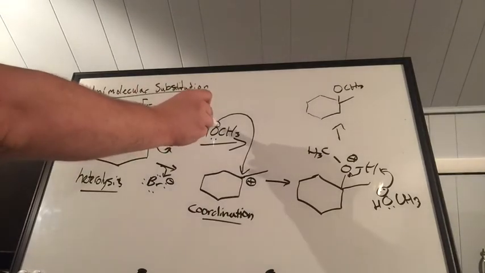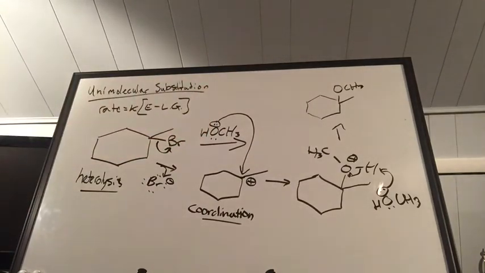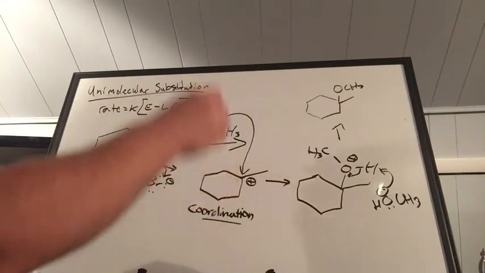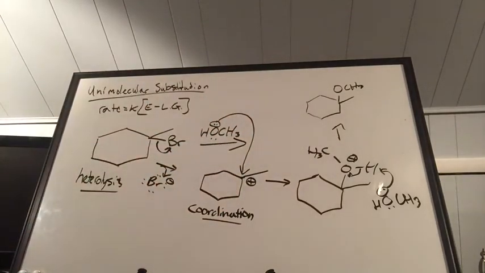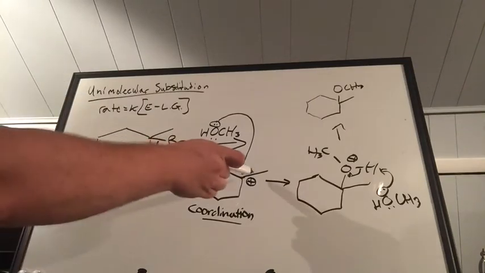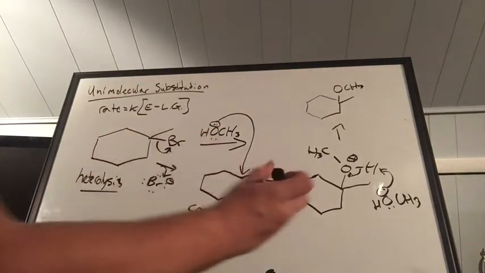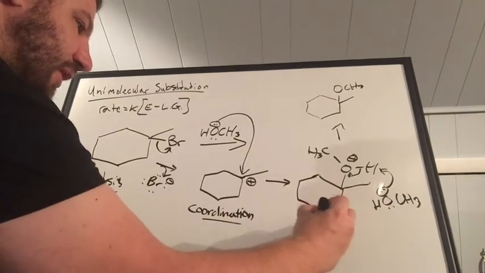And then this not so radical guitar playing methanol is going to come in and coordinate to that positive charge, and again that can come into the plane of the board or out of the plane of the board. So you're going to have a 50-50 mixture, but that's not going to matter because you don't have a stereocenter about this ring. If this were substituted somewhere else, then you would have a mixture of products. But these are all going to be the same product in the end. This last step is just going to be proton transfer, so H+ transfer.